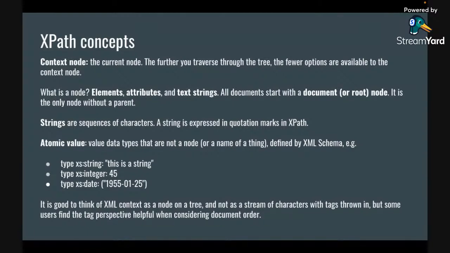And some users do find the tag perspective helpful when we're thinking about document hierarchy, but it's also worth pointing out that an XML document is strictly a plain text document, so it is basically a collection of strings in a sense, but the logic and the parsing of an XML document makes it important so that you can distinguish between elements, attributes, and text strings, which is why XPath is important because it can help us really make fine-grained distinctions between those things when we're searching for content.